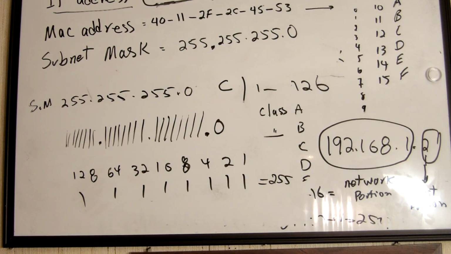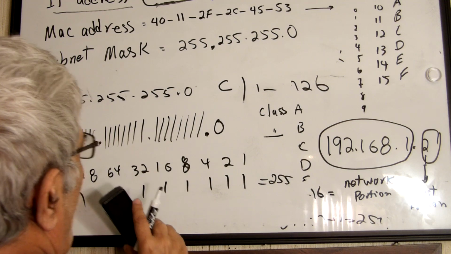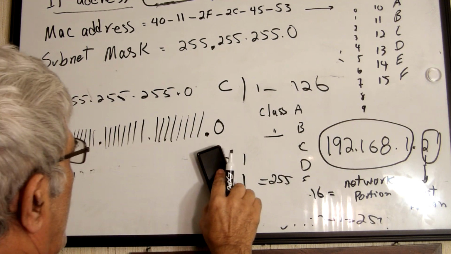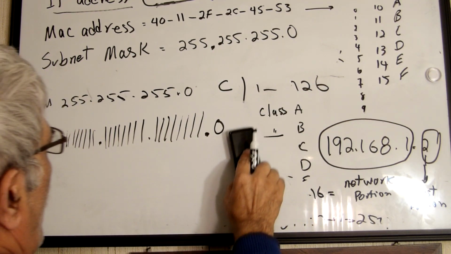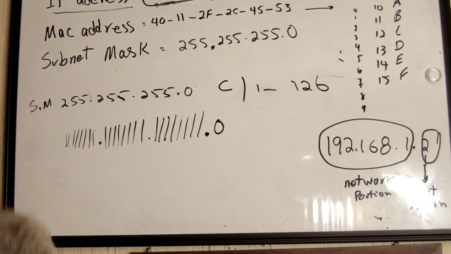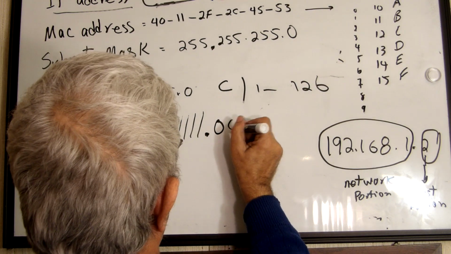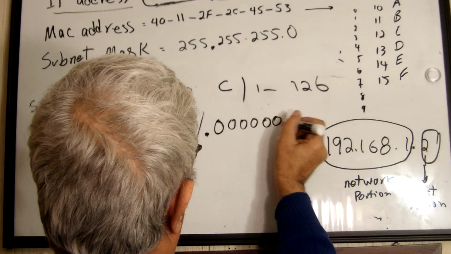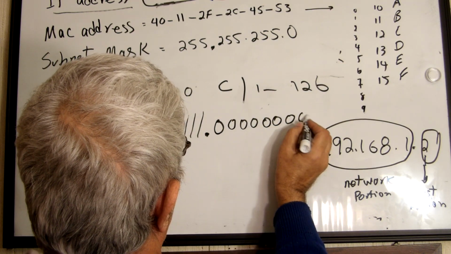If you want to find out what it means here, this is actually 8 zeros. There are 8 of them.